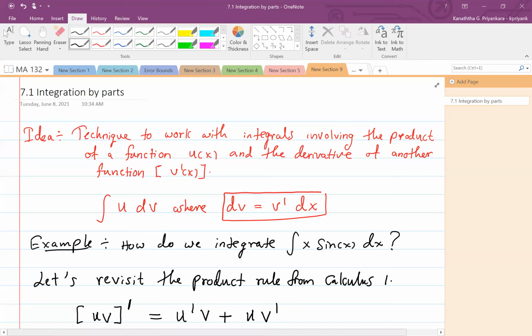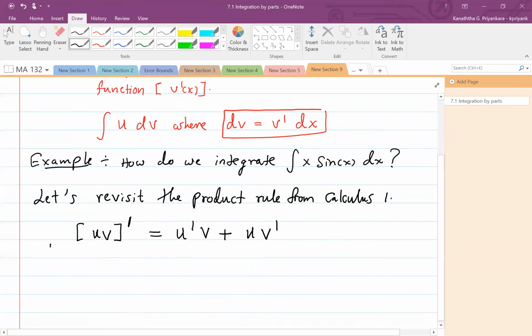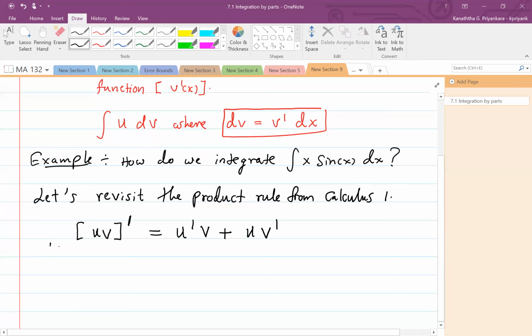Now what I'm going to do, I will integrate both sides. The next step, integrate both sides.